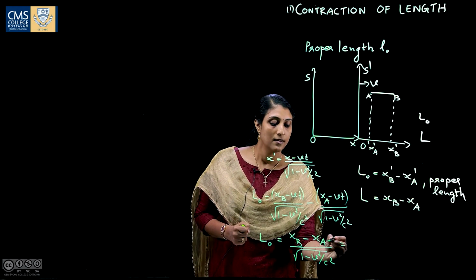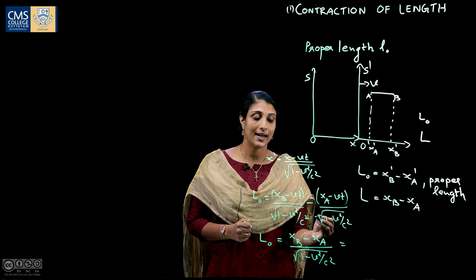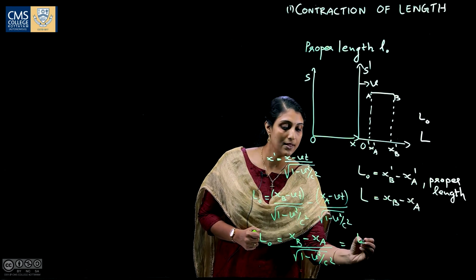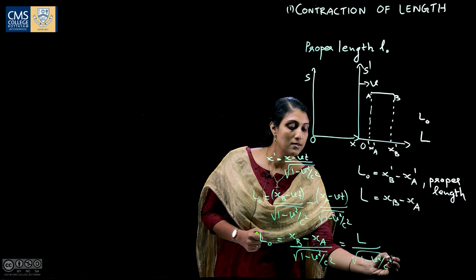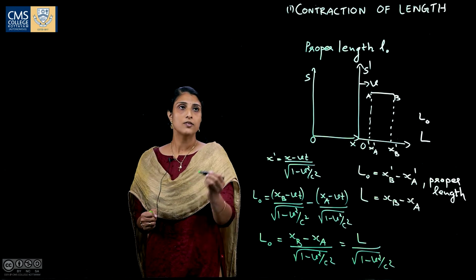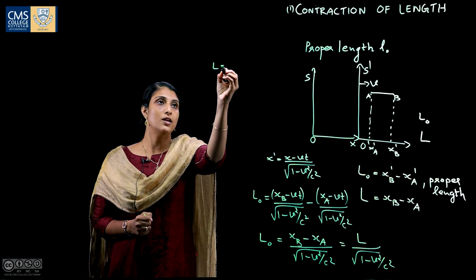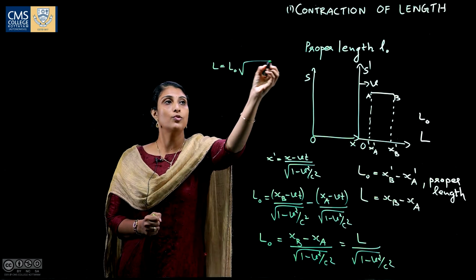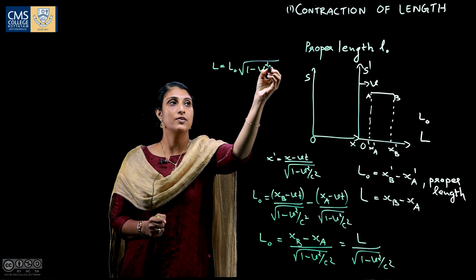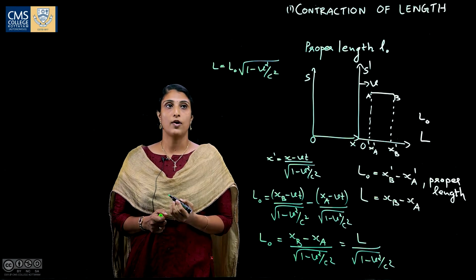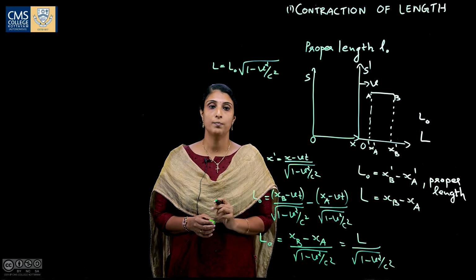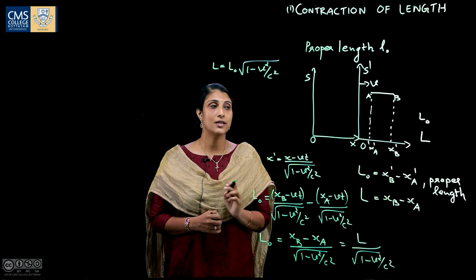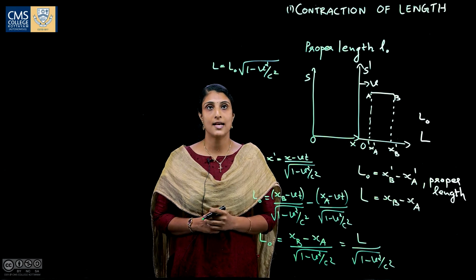That is, xb minus xa is the relative length L, so L by root of 1 minus V square by C square. So, we got L equals L0 into root of 1 minus V square by C square, where L is the relative length, L0 is the proper length and V is the velocity of the S dash frame.